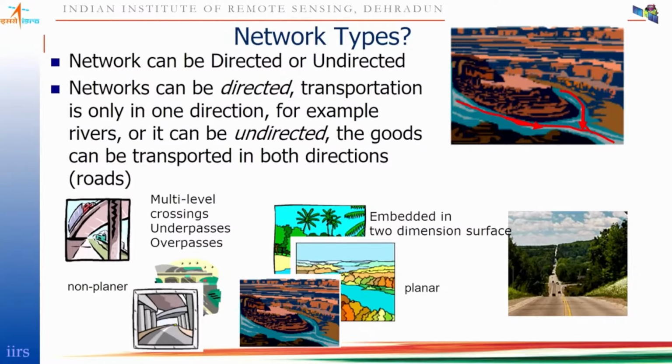So networks can be directed or undirected. So that means there is only a single path. For example, the river flow network, or the network which any river goes into, or the different tributaries of rivers, is going to constitute a network of different drainage.